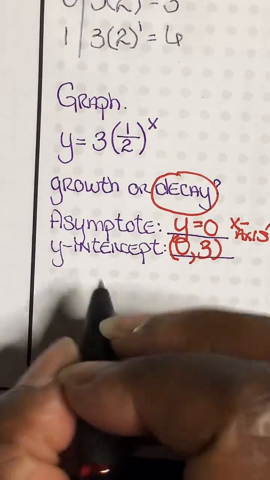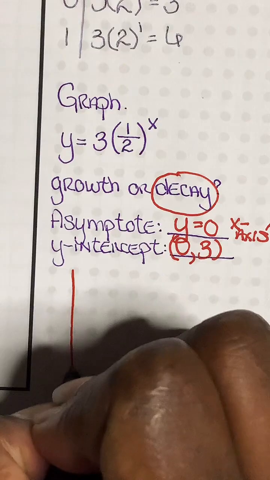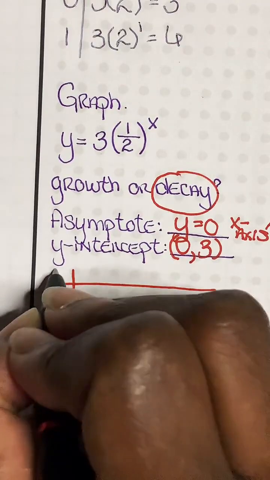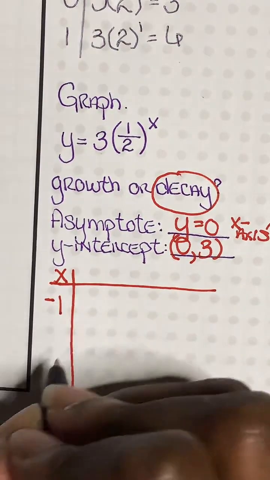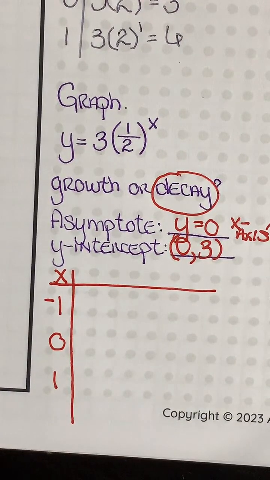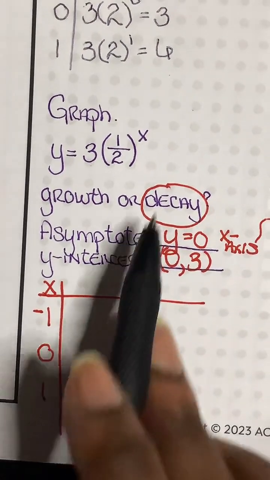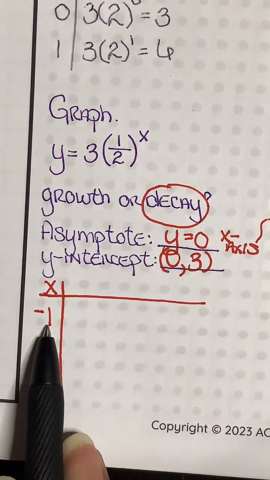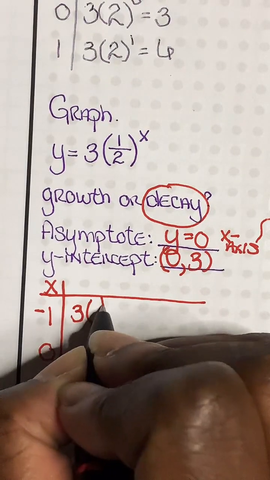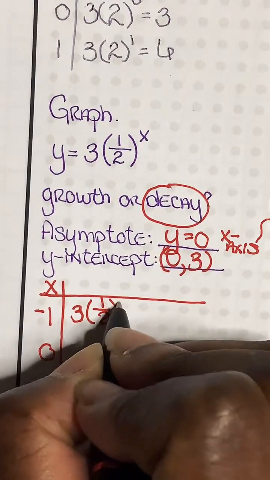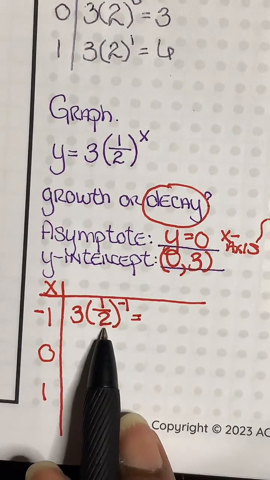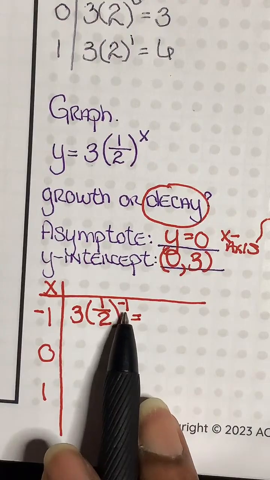So instead of a -2, let's kind of start with -1, then we have 0, then we have 1. So what that means is where I see an x, I'm going to put in a -1. So this is saying 3 times 1/2 raised to the -1. But that means I have to flip my 1/2 because it has a negative exponent.